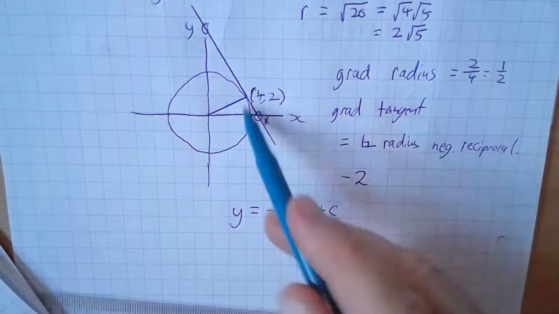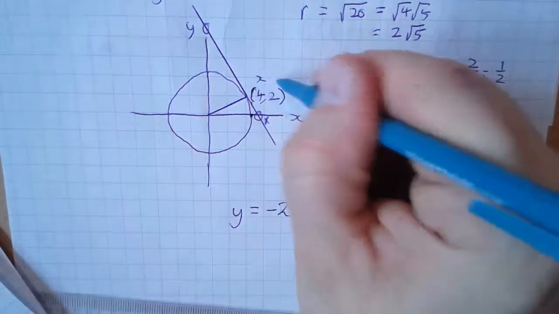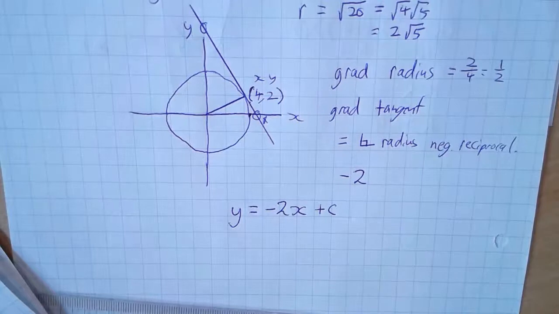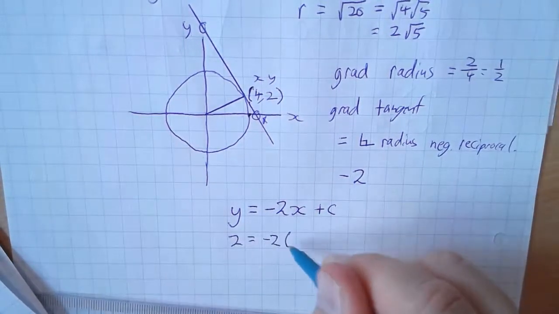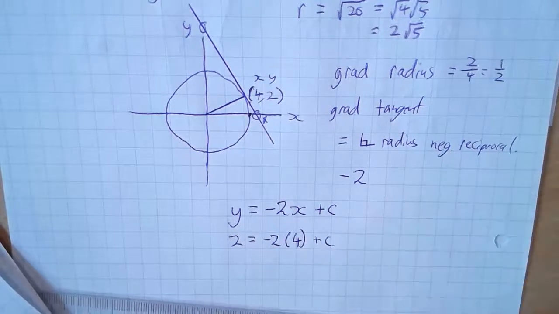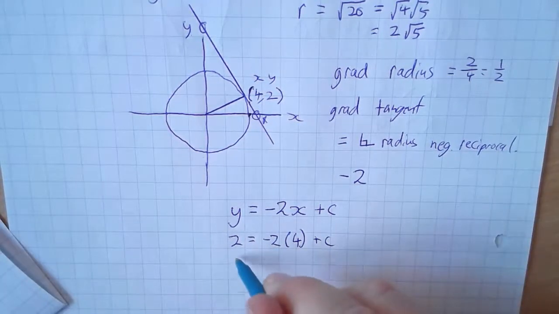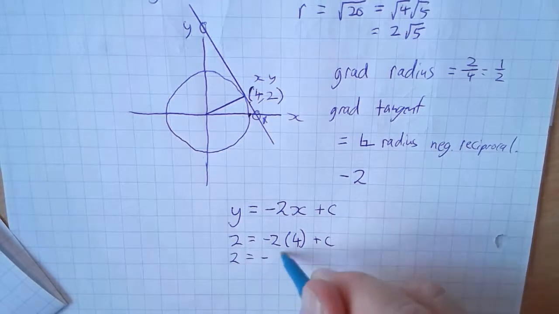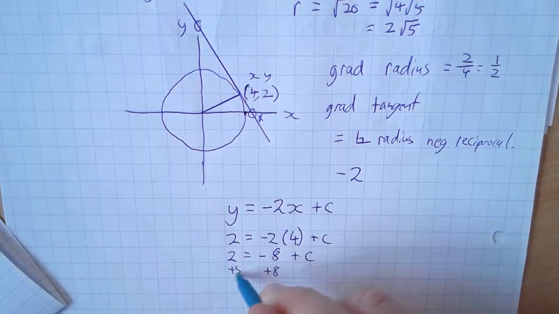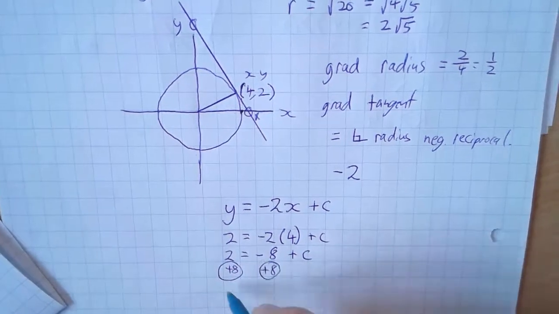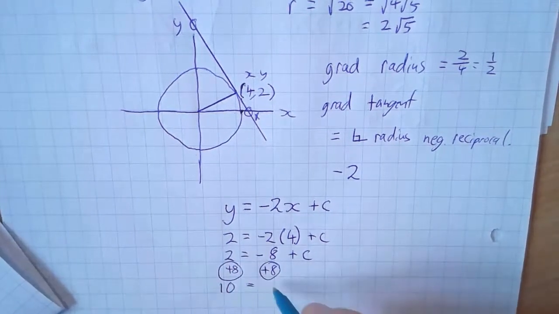Let's put in the values we know. That's my x-coordinate, that's my y-coordinate. So 2 equals -2 times 4 plus c. So 2 equals -8 plus c. I'm going to add 8 to both sides. That gives me 10 equals c.